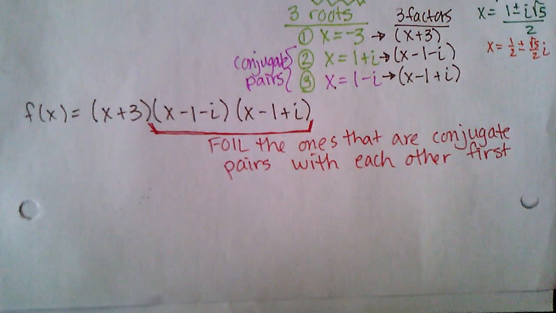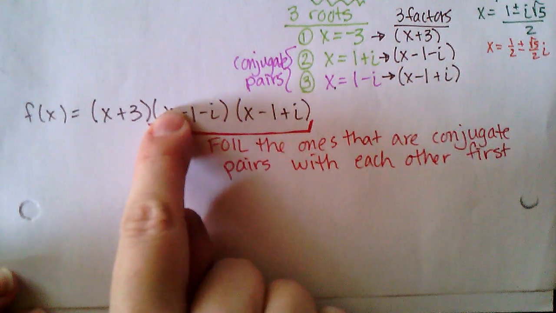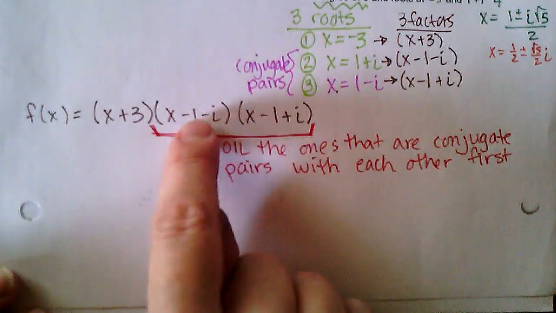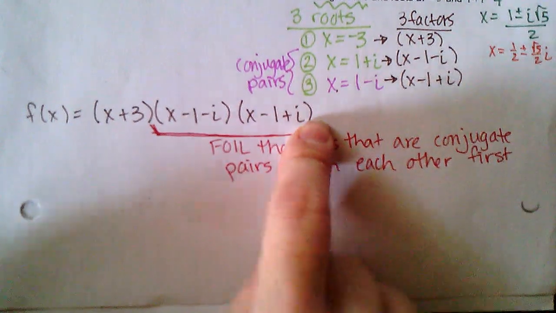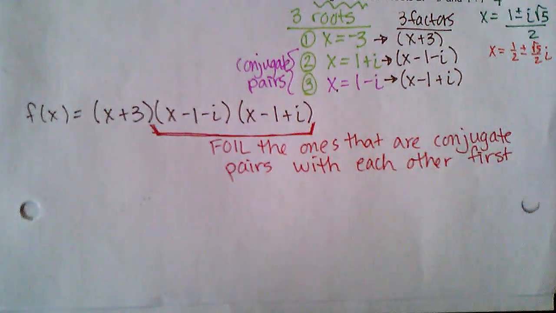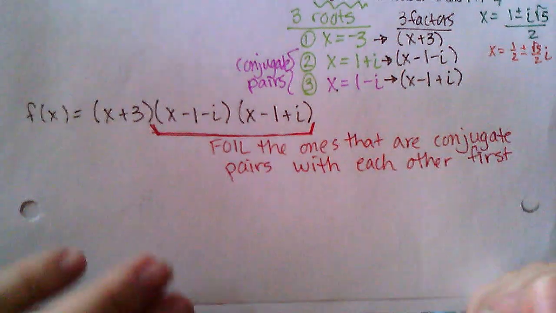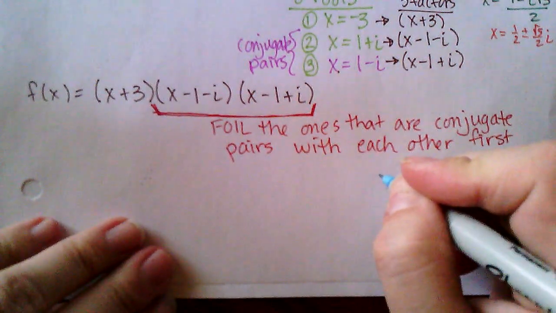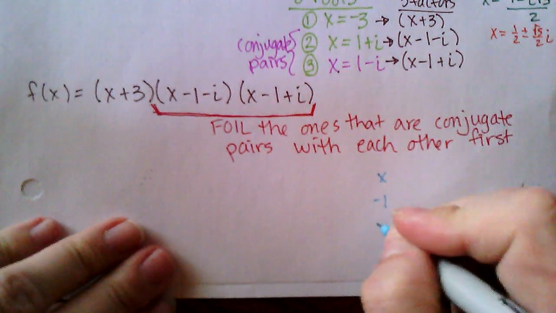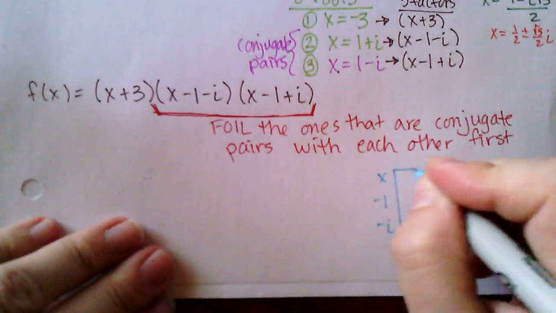You can do that either by distributing the x to all 3, then the -1 to all 3, then the -i to all 3, or you can use that super foiling box that we used in Algebra 2. That's how I prefer to do it. So I'll do the box method down here.